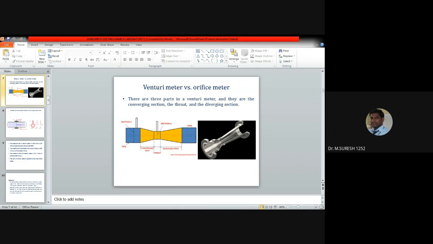We can also easily see that the venturi meter is more expensive, because as you can see in the image, more parts are needed for the venturi meter compared to the orifice meter. This is the main key difference between orifice meter and venturi meter.